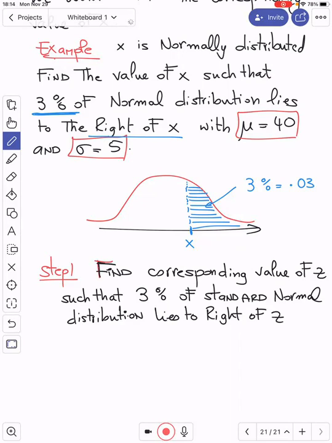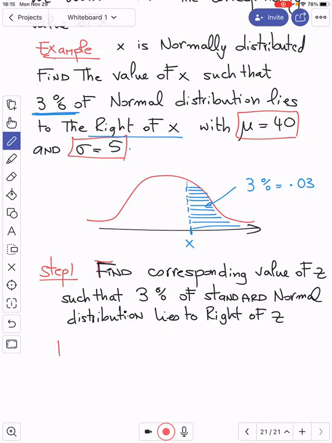To do that, we need to use our table. The table gives us the area to the left, not to the right. Here, 3% or 0.03 is the area to the right. Just to remind you, the area to the right plus the area to the left of x, for any x, is equal to 100% or 1, because that's the total area under the graph.